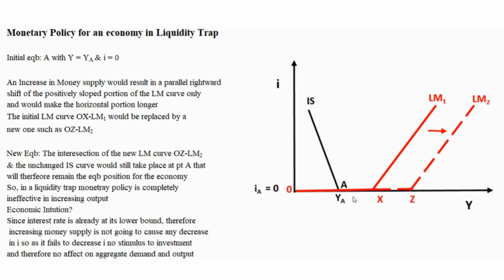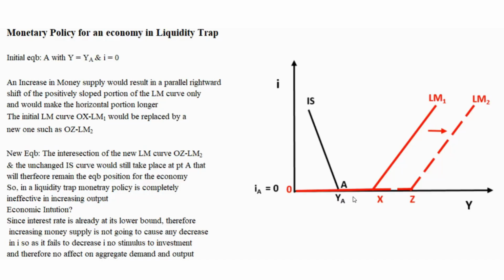Now, if we try to understand the economic intuition, the reason is that since we're in a liquidity trap, the interest rate is already at its lower bound. Therefore, increasing the money supply is not going to cause any further decrease in the interest rate. So the monetary transmission mechanism will break down, because if the interest rate does not decrease, it won't cause investment to increase and hence aggregate demand and output to increase.